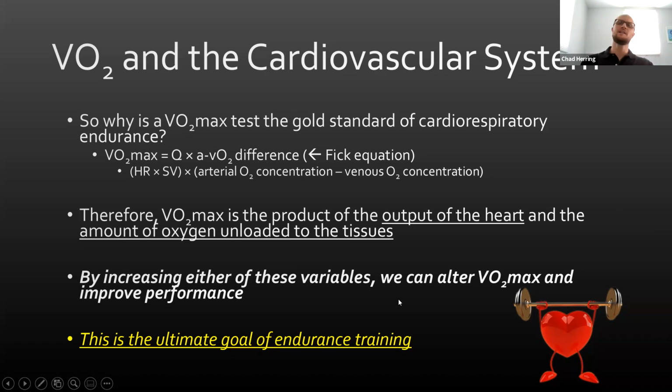Now, if you're talking about elite athletes where they all have similar VO2 maxes, well, then we have to start getting into a lot more specific training for their needs. And we'll talk about it a bit in a second. But pretty much the ultimate goal of endurance training is to increase that VO2 max.